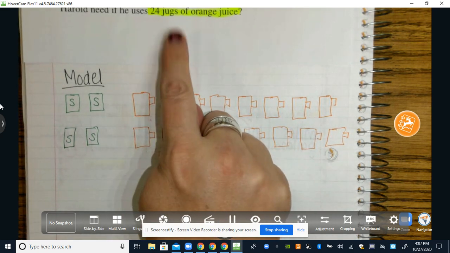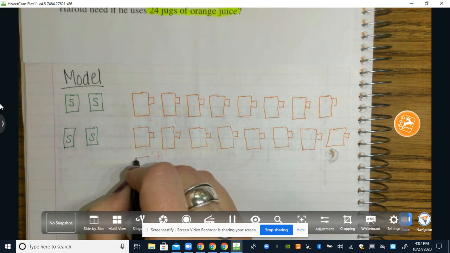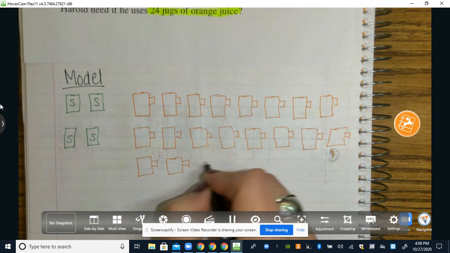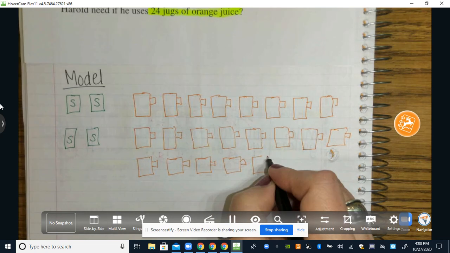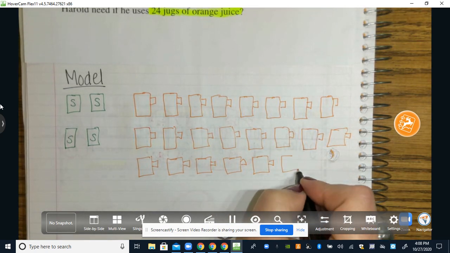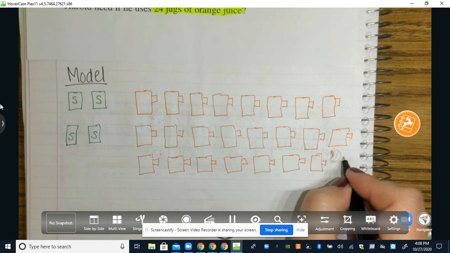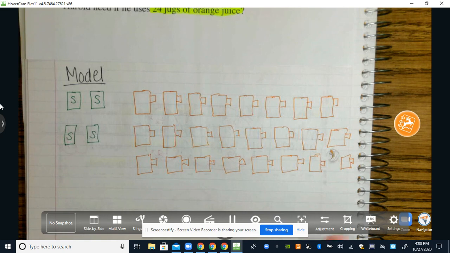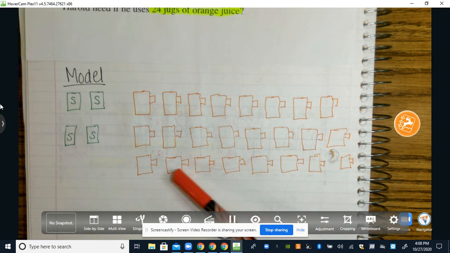I need to get to 24. So if I add 8 more jugs of orange juice, I should have 24 jugs. Let's see. So I stopped at 16, 17, 18, 19, 20, 21, 22, 23, 24.